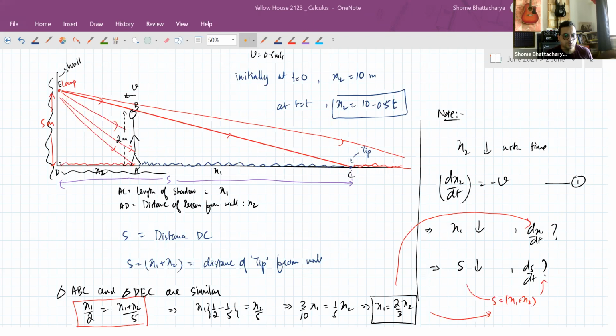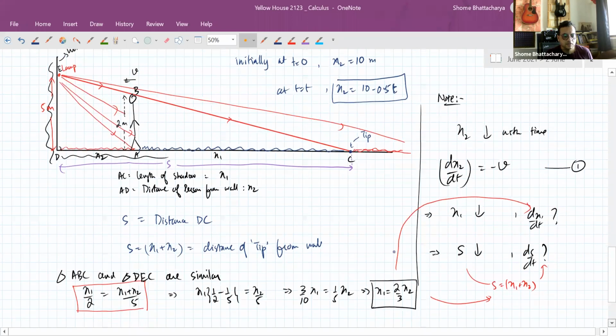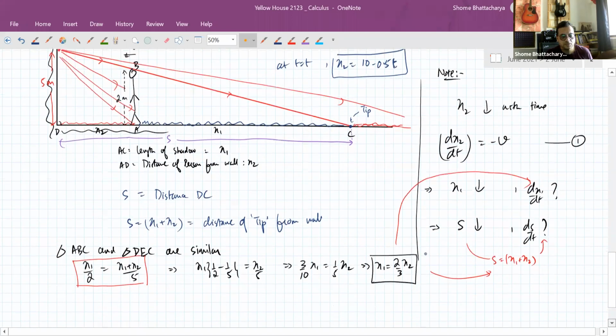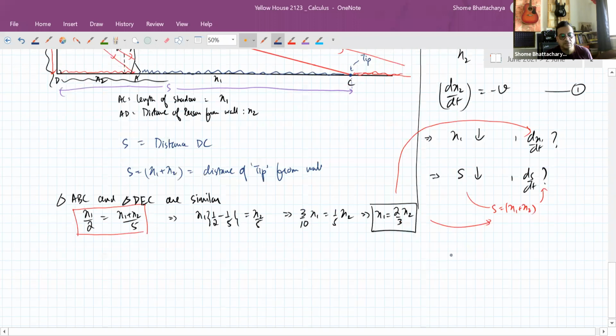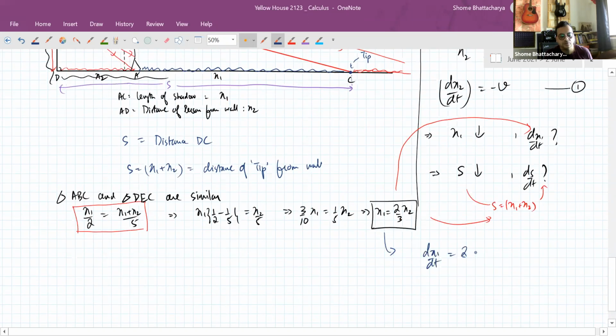Okay, so let's complete this problem. You can see that if x1 is this much, then dx1 by dt is 2/3 of dx2 by dt. So that is 2 by 3 of minus 0.5, so minus 0.33 meters per second.